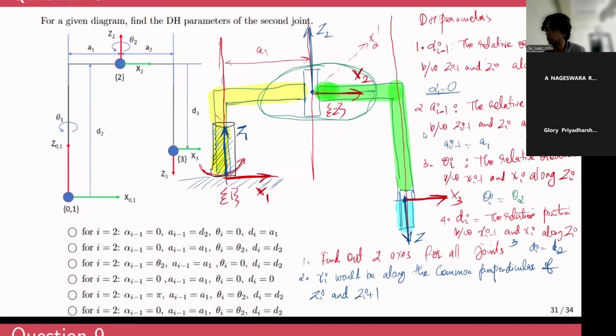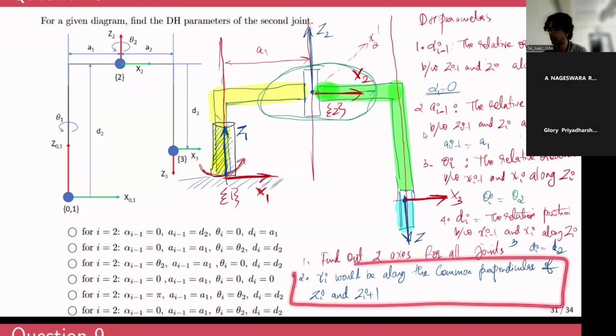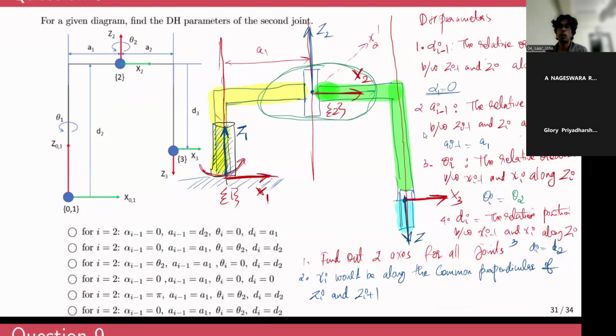So the first step is you have to first identify the z-axis which lies parallel to the joints, be it a revolute joint, be it a prismatic joint. Then you assign the x-axis. Once you assign the z and x-axis, now you try to find out the DH parameters, alpha i, ai, theta i, and di.